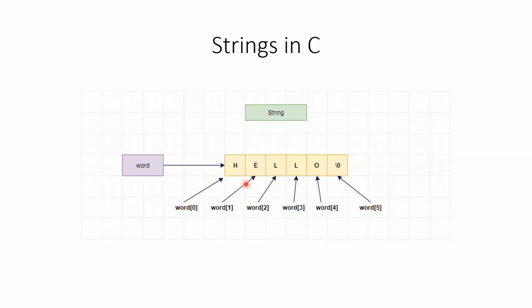So an array of characters is called a string, and strings are accessed by index. Index-based access is very similar to arrays, and strings are terminated by the null character. The null character is placed at the end of every string to tell us, whenever we are iterating, that we have reached the end of the string.